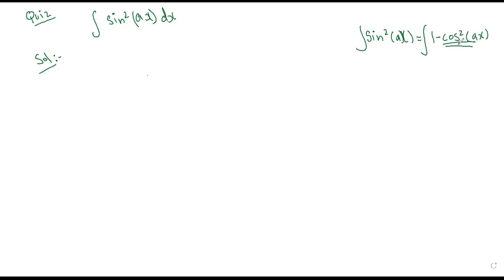So are you familiar with any derivative of this type, cos square ax? No, right? So this means that this was a wrong choice. You need to do it in another way, and let's talk about that way.